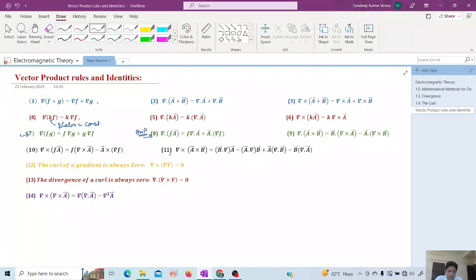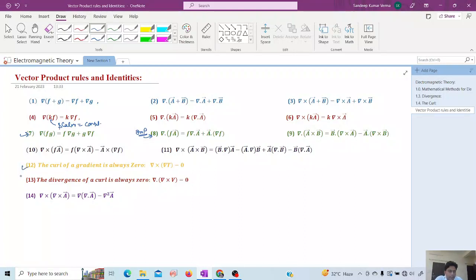And in the eleventh, the curl of A cross B can be written as B dot del in brackets times vector A minus A dot del times vector B plus A times del dot B minus B times del dot A.